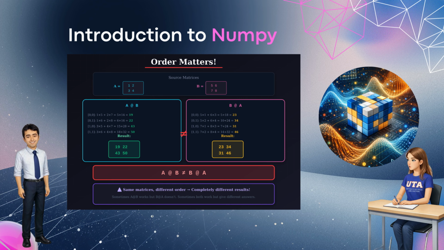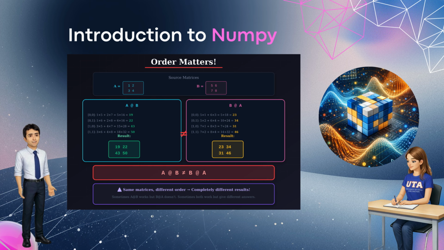What if we flip it around? Could we do B at symbol A instead? Great question. Let's check. B is 2 by 2, so it has 2 columns. A is 2 by 2, so it has 2 rows. 2 equals 2. So yes, B at symbol A works as well. And this brings up a critical point you must remember.